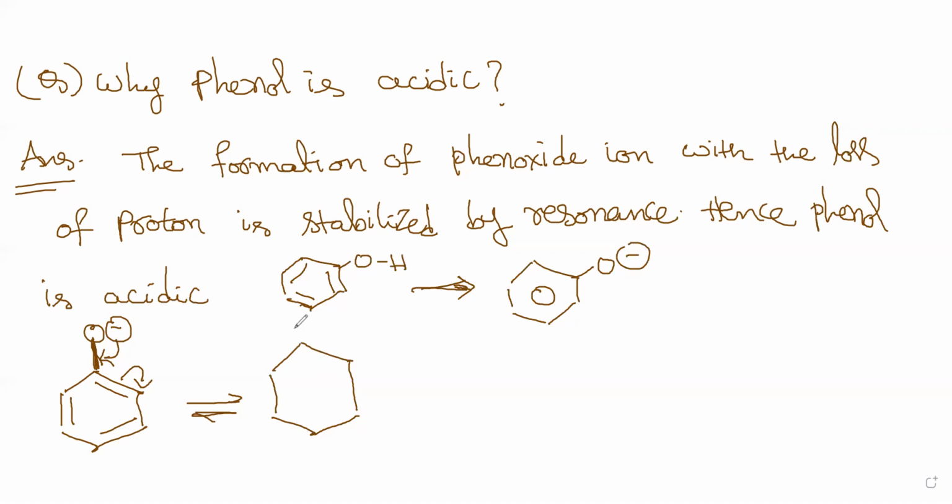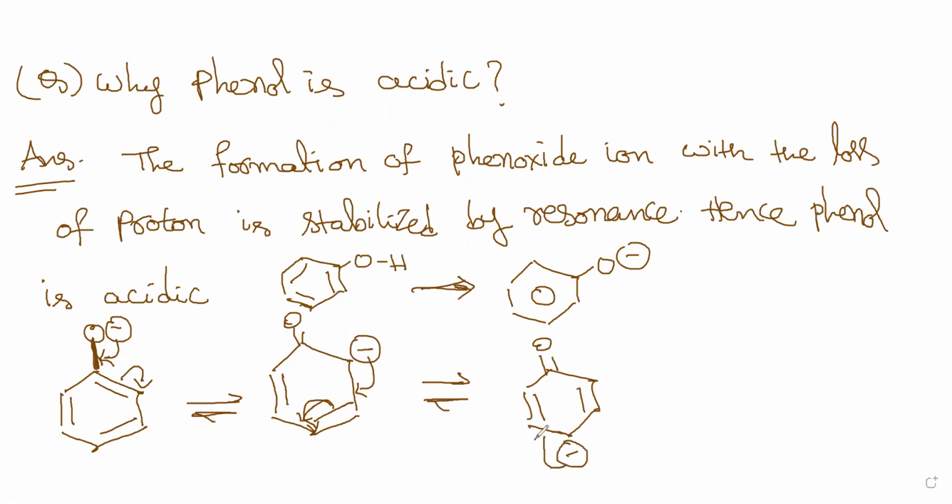So here you have a double bond to O, and this is the negative charge. Here you go like this. You have to ensure the charge shifts to the ortho and para positions. Now these structures you have to practice, then only you can handle this.